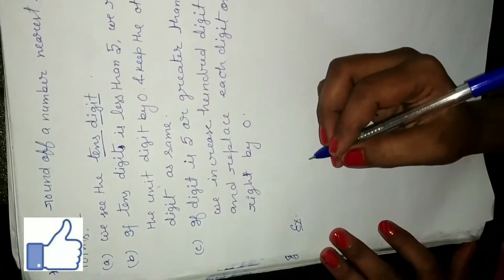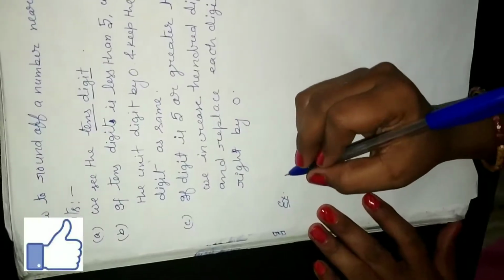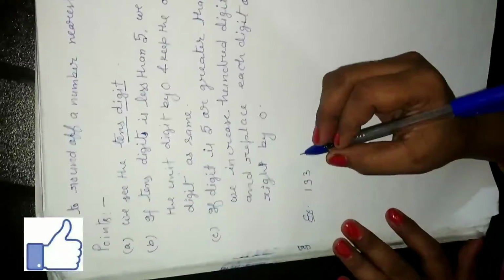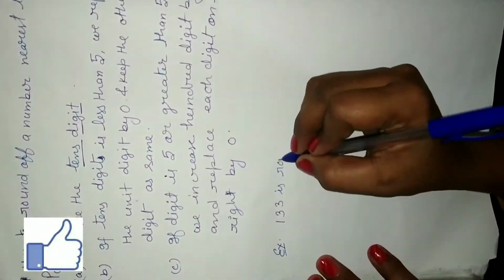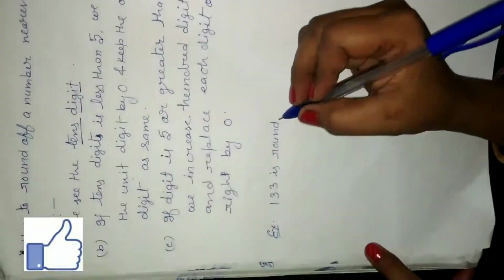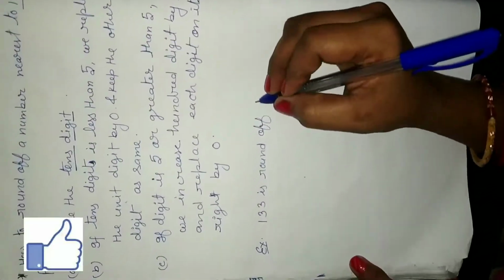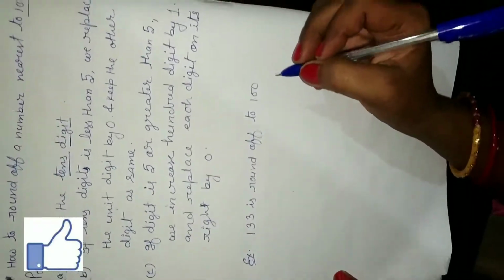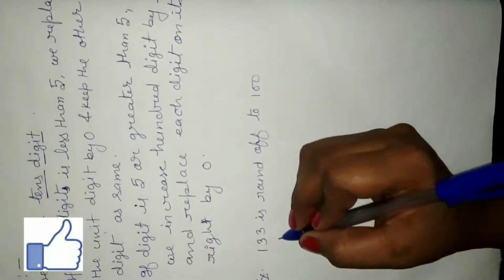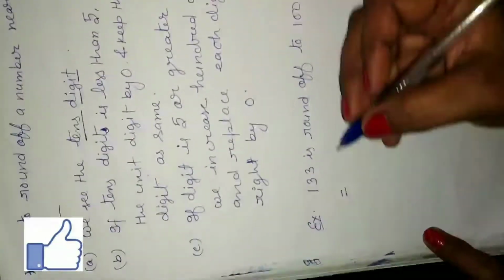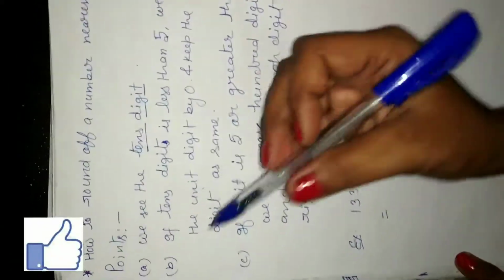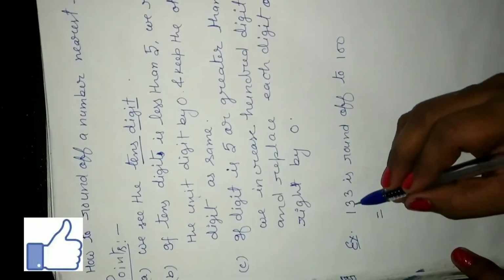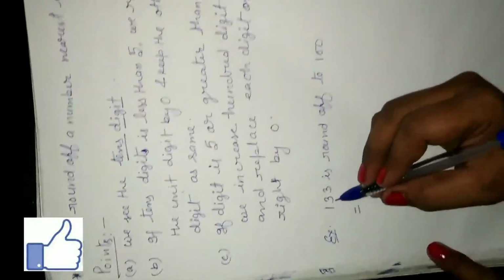Let us see one example. 133 is rounded off to 100. 133. So what are the points? We see the tens digit. Here the tens digit is 3.